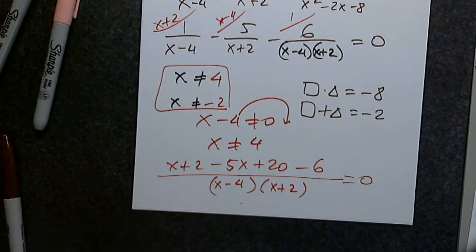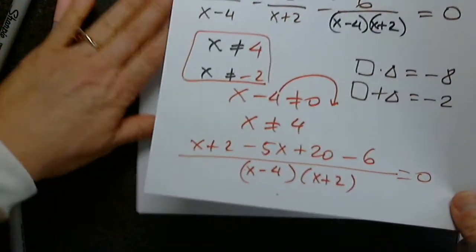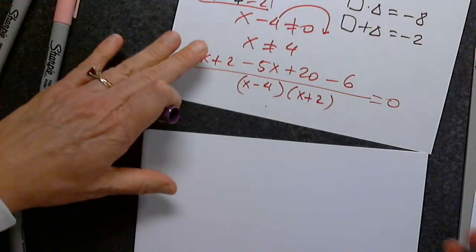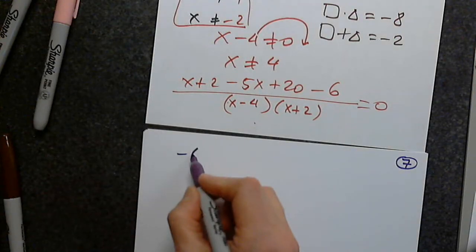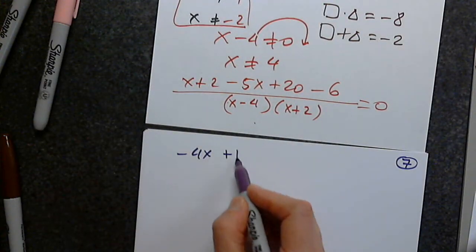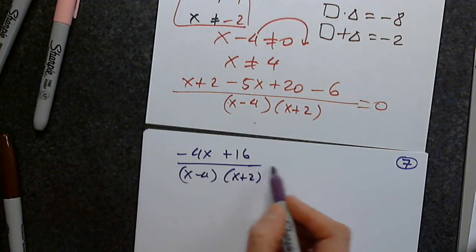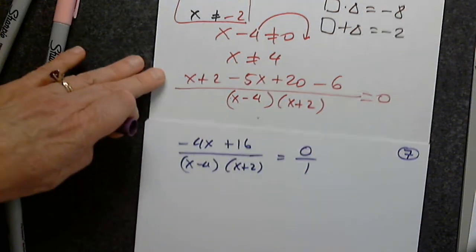Very good. So now let's combine like terms at the top. What do we get when we combine like terms? We get -4x, and then 22 minus 6, divided by x minus 4 times x plus 2, equals 0 over 1.